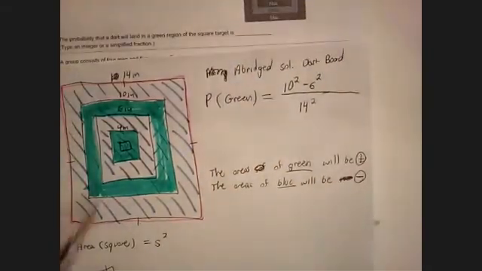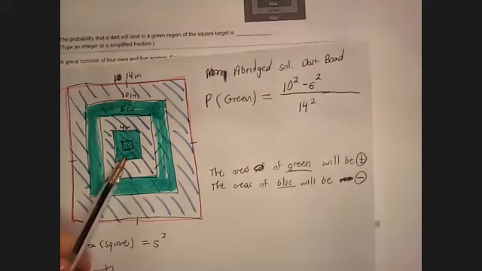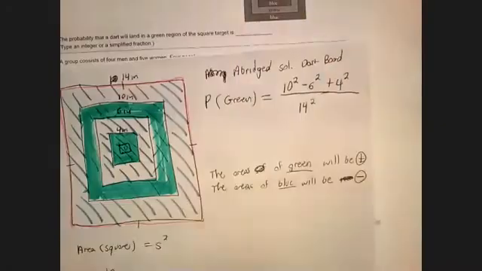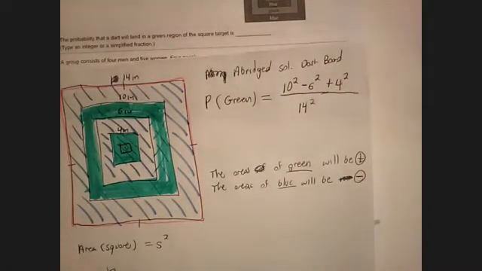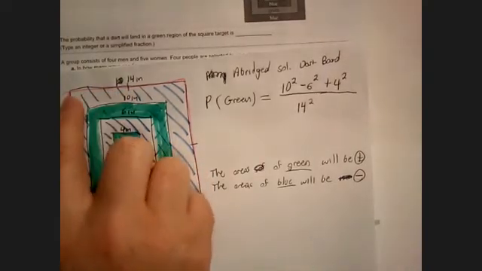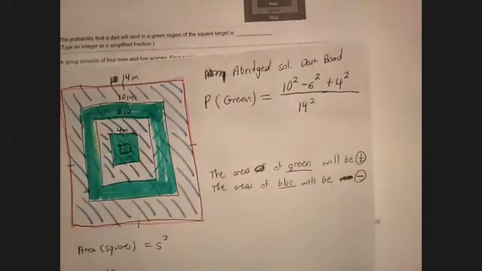Then I have to go back and add in this green square. So that's what I mean. We're going to add the green squares and subtract the blue squares. The only time that doesn't happen is when we find the area of the entire dartboard.